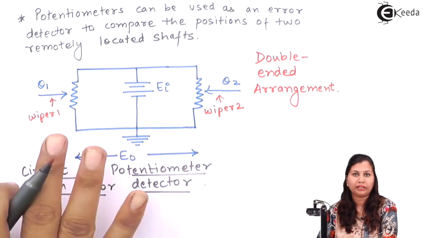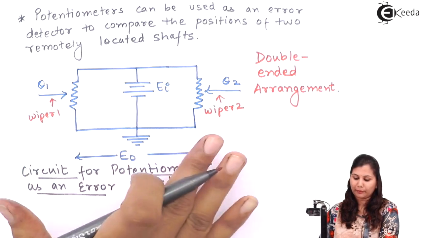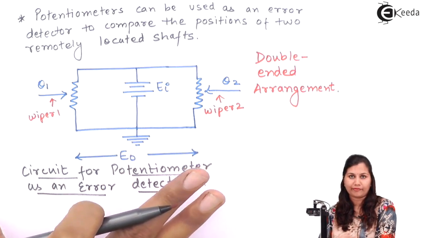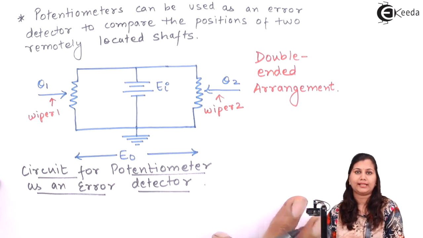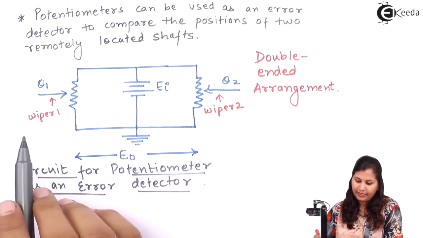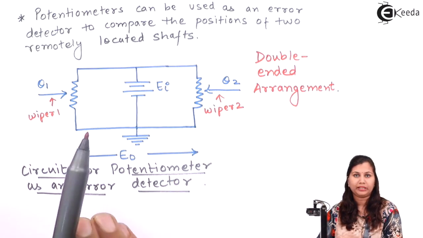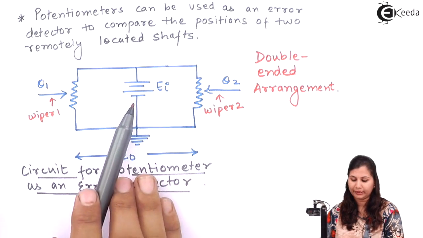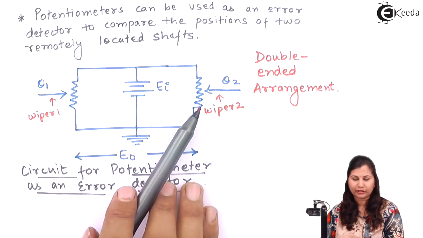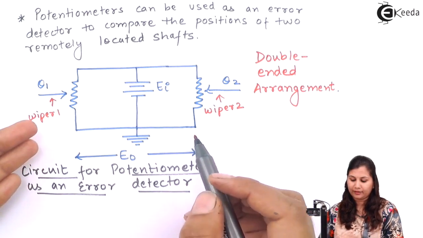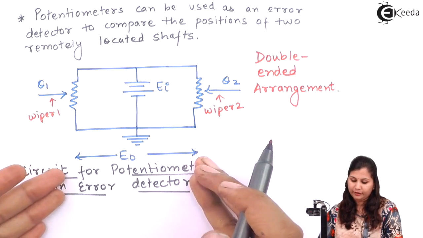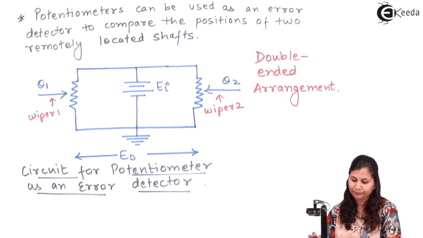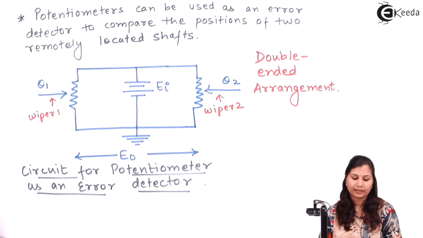So this arrangement is going to compare the positions of these two wipers, or we can say these two shafts. That is why it is known as double-ended arrangement. In this arrangement, two potentiometers are connected with this input voltage. This input voltage is common between them. It is applying voltage to both the potentiometers, and output is obtained across its terminals, and the common end of these potentiometers is earth.